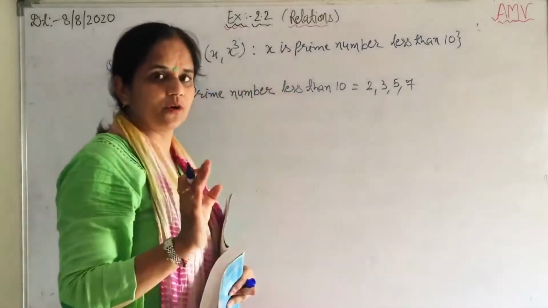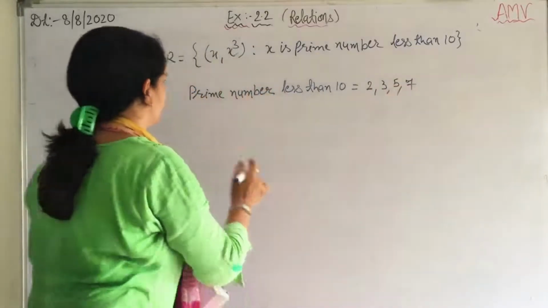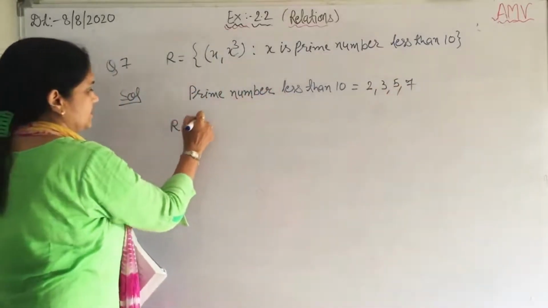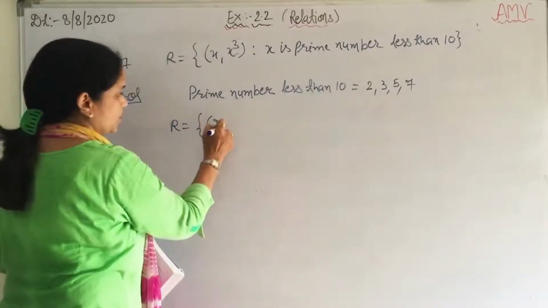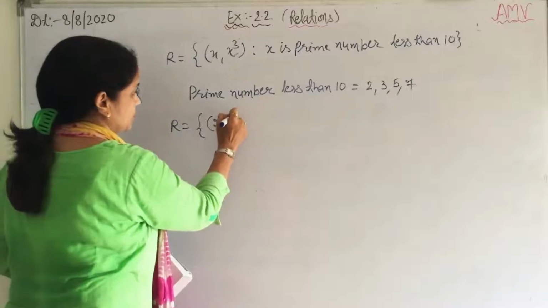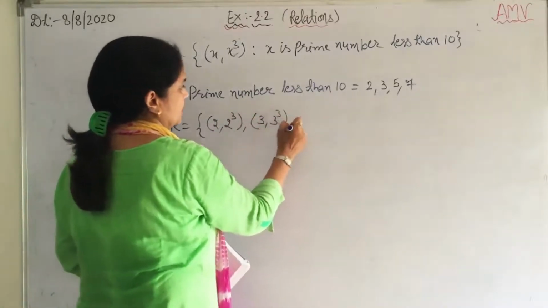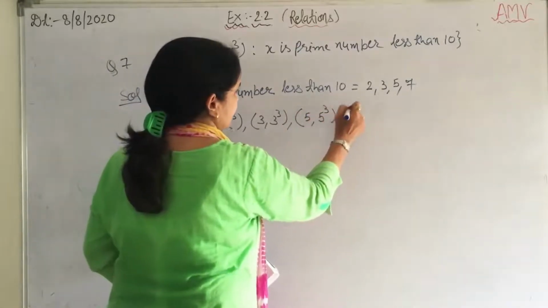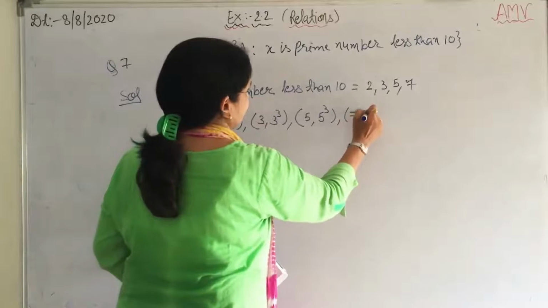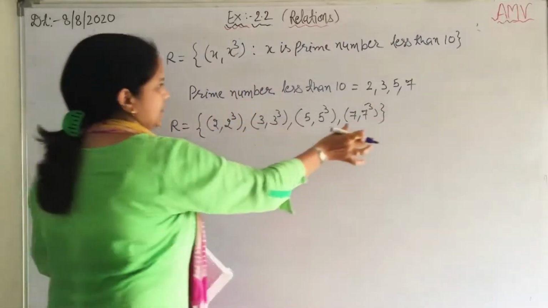There are only 4 prime numbers less than 10. And now write the relation. In place of x, first write 2, then it is 2 cube. Second, 3, and it is 3 cube. Third, 5, and write 5 cube. And here 7, and it's 7 cube. Now you write the answer.